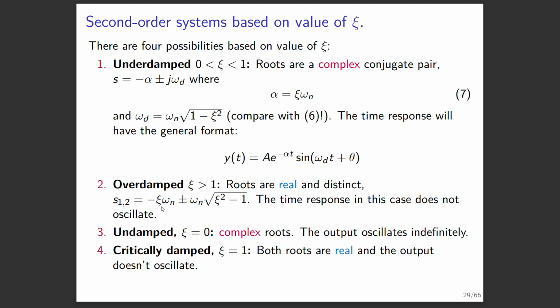Undamped systems are when you don't have any damping, so the damping ratio is 0, which means we have only complex roots. And critically damped systems are when the damping ratio is 1, which means that again we have 2 real roots, but they have the exact same value.